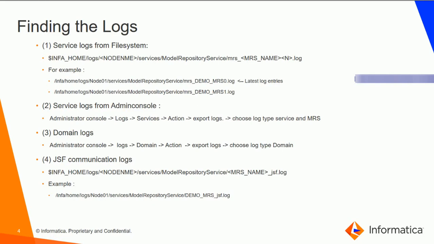The same applies to the domain logs. Because we are dealing with startup issues, and the node is the parent of the MRS, which we just saw in the previous experiment, we need to know that if there is an issue in even triggering the Java, say the Java was not found for the MRS process to start up, you would not see any MRS log written or any of these other logs.